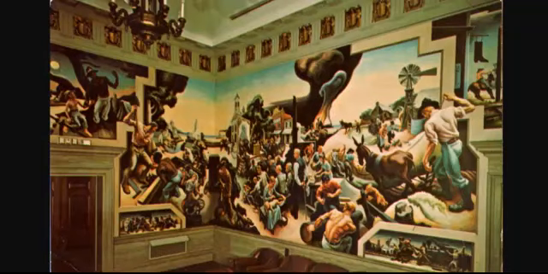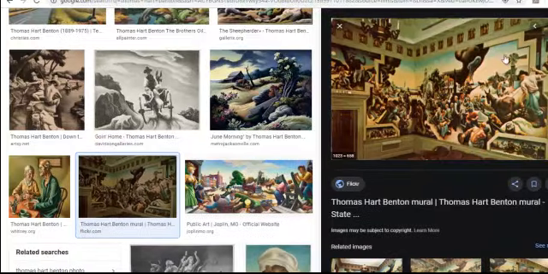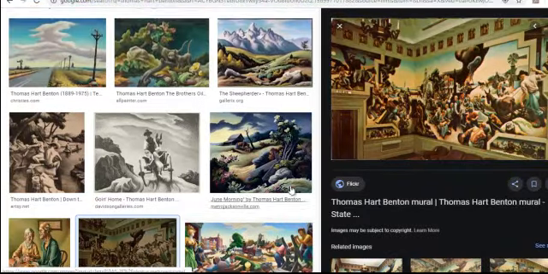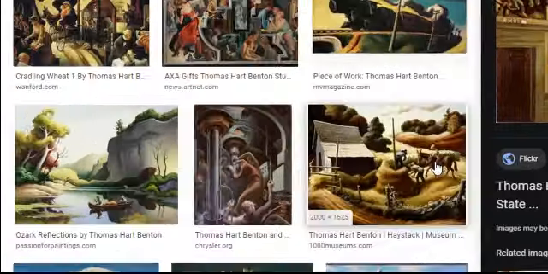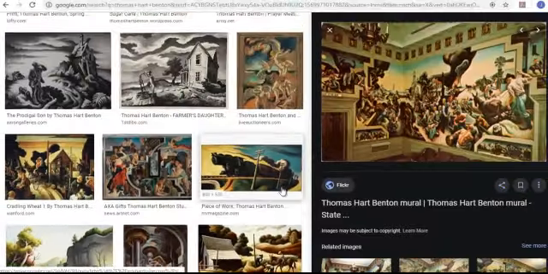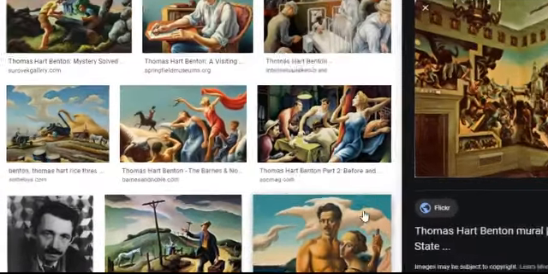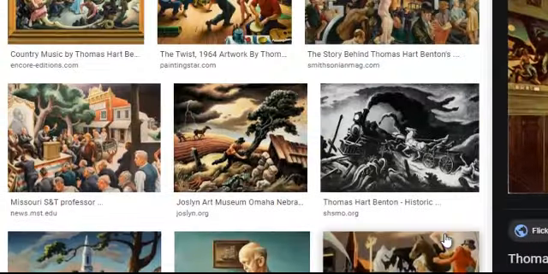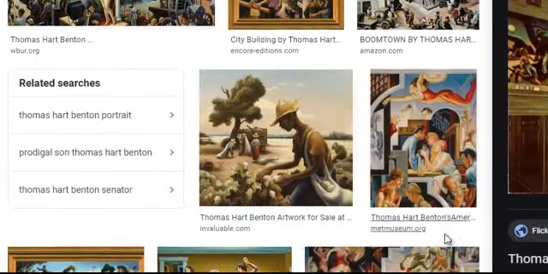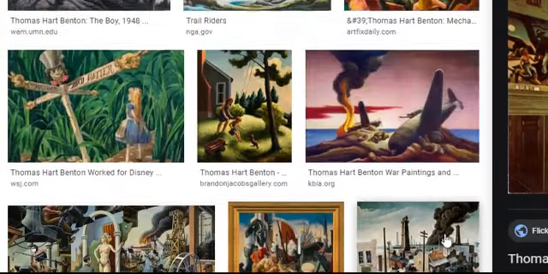So you can see how he's really emphasizing the nature of hard work. It's like the richness of Midwestern American culture. So those are general themes there.